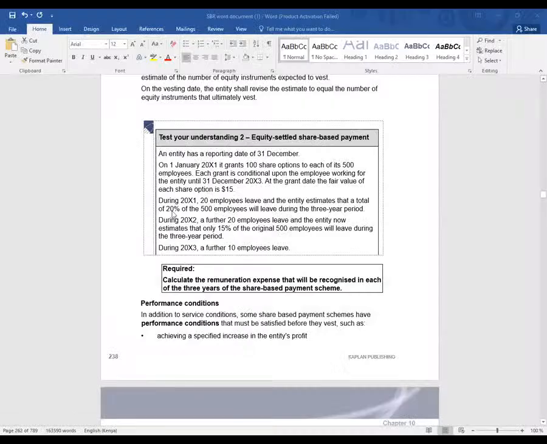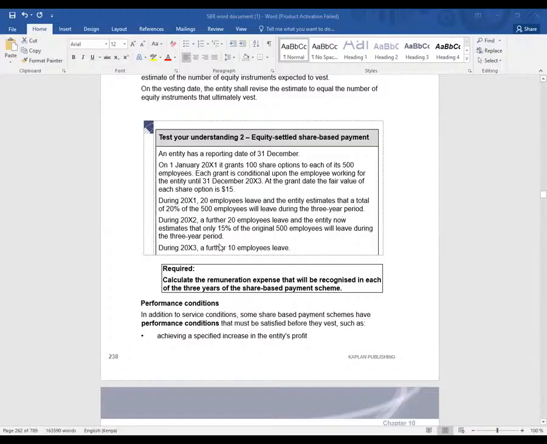So you're told here, during 2022 now, a further 20 employees leave, and the entity now estimates that only 15% of the original 500 employees will leave during the 3-year period. You can see they're making use of the word total, 15%.